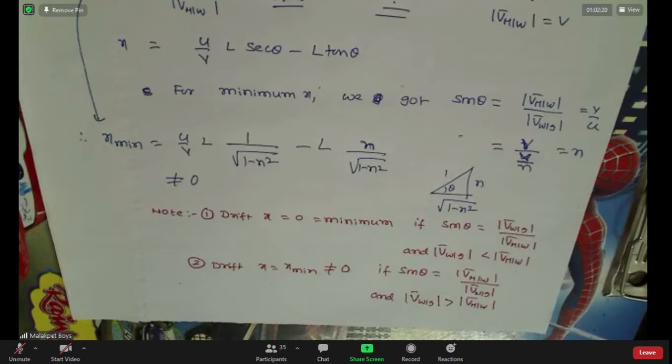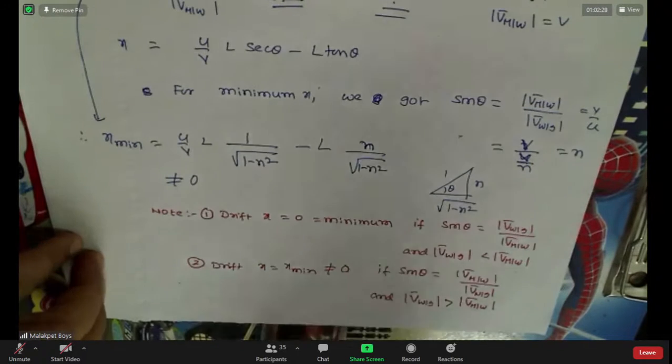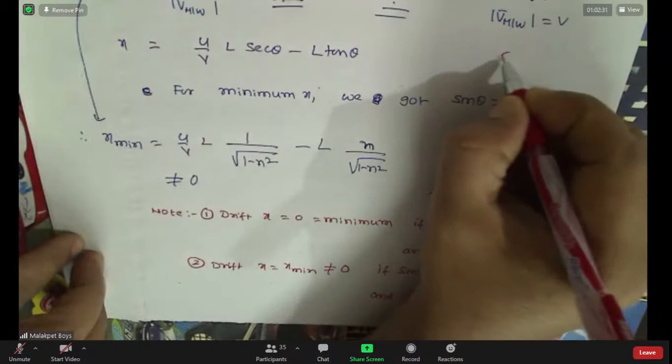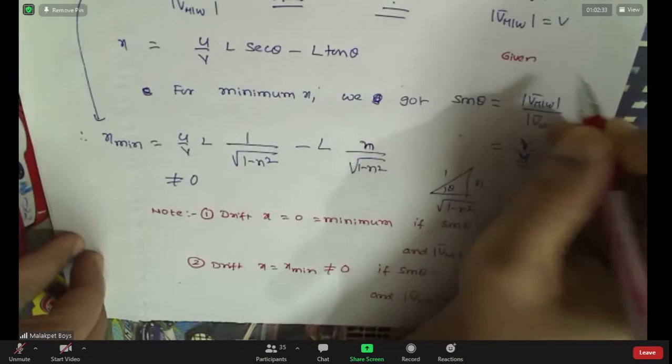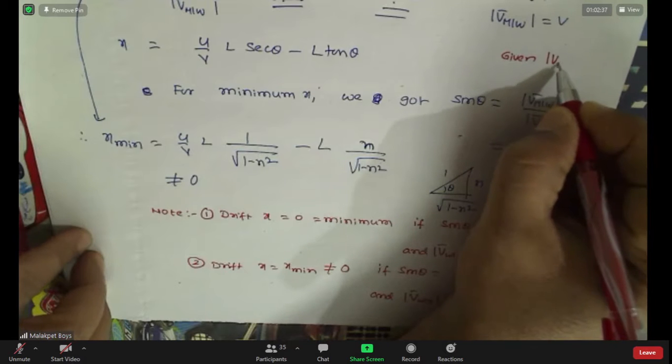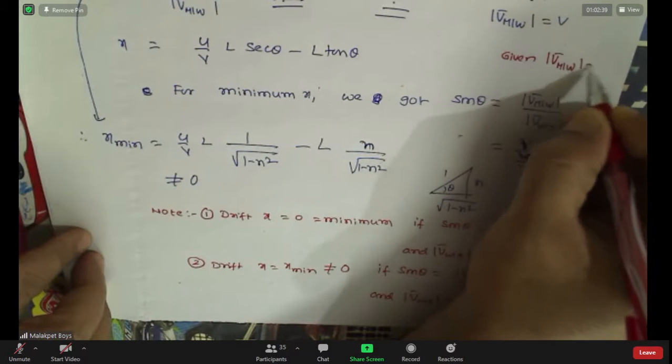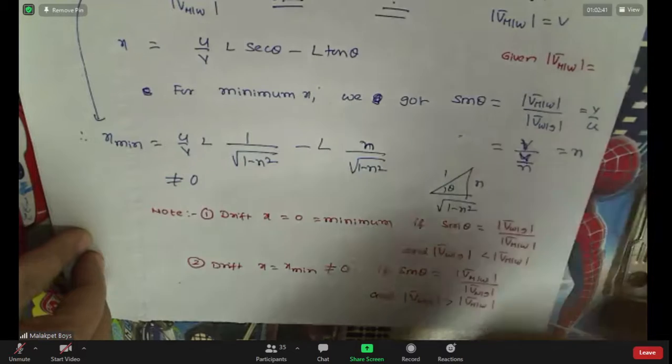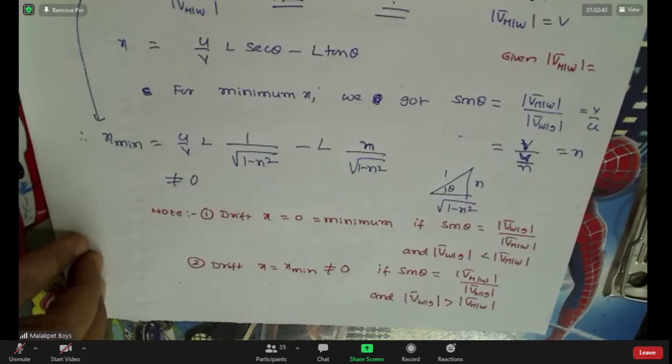Sir, I'm not understanding that sin theta equal to V by U by n equal to n. He gave this, no? See, what he has given? Velocity of man with respect to water. Yes, sir, he gave n times of water velocity.